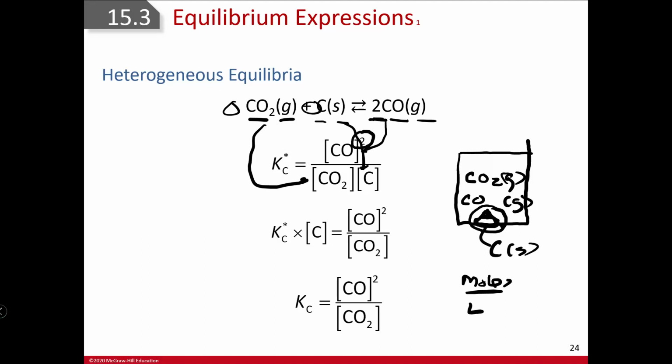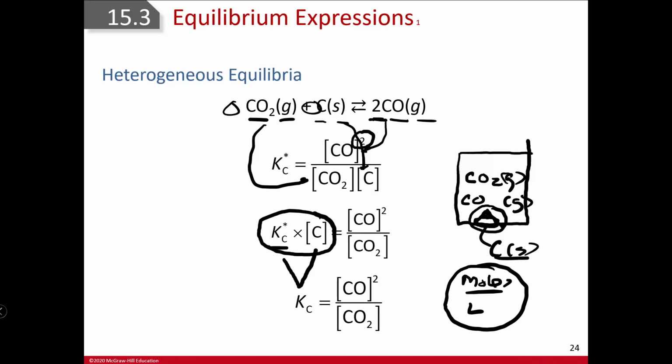So it doesn't matter whether I have a large pile of it or a small pile, the concentration is going to remain constant. And because it's going to remain constant, we move the concentration of the carbon over to the left-hand side of the equation with the equilibrium constant. So these are now both constants, and we integrate those into the equilibrium constant. So it is important that there's carbon present.